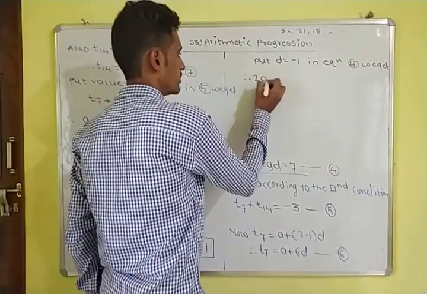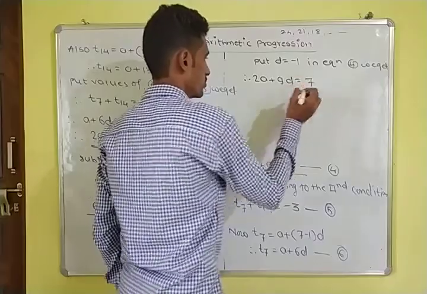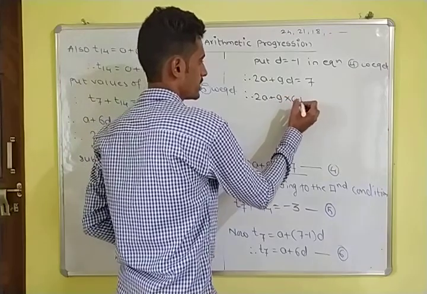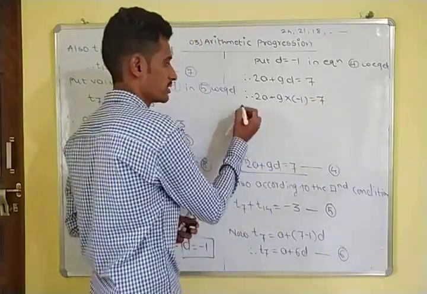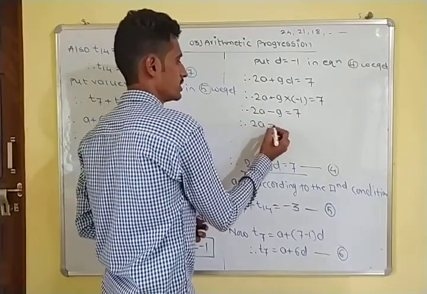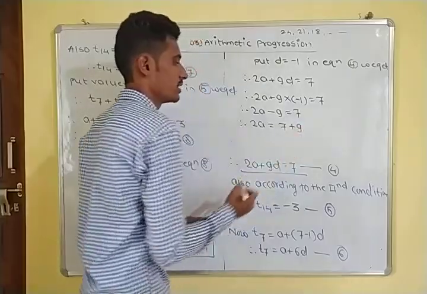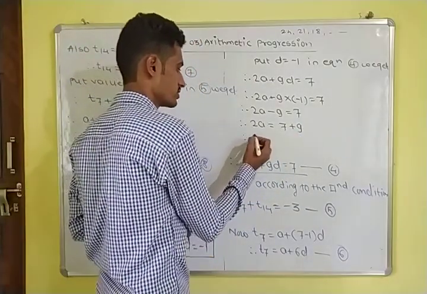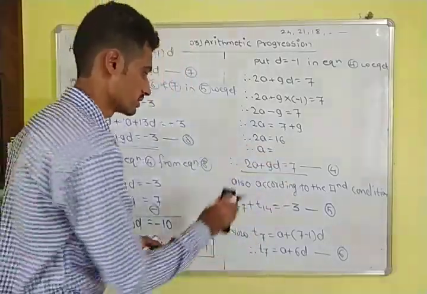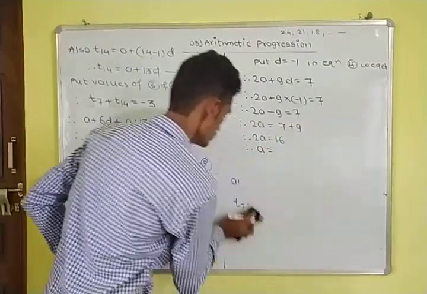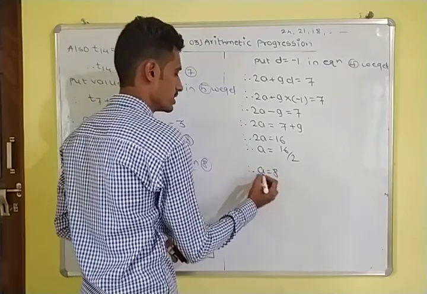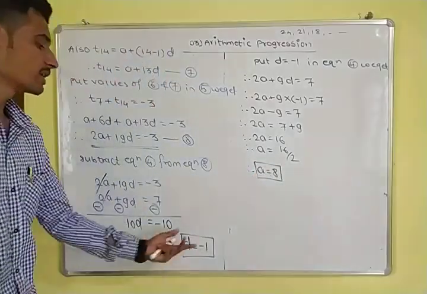Therefore 2a plus 9 into minus 1 is equal to 7, and we get 2a minus 9 is equal to 7. That is 2a is equal to 7 plus 9, which is 16. That is 2a is equal to 16, and therefore a is equal to 16 by 2, so a is equal to 8. So the first term is 8 and the common difference is minus 1.